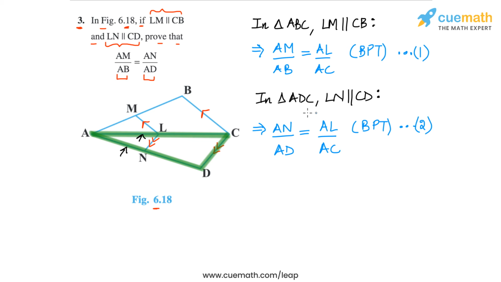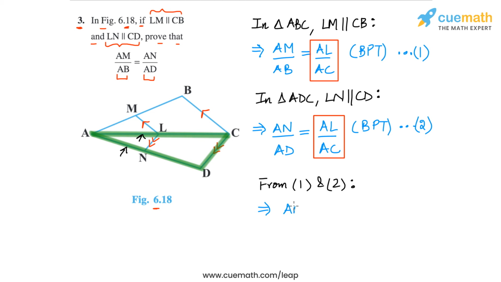So now if we compare these two equations that we have obtained, equation 1 and 2, we see that the RHS is the same in both, AL by AC and AL by AC, and therefore from 1 and 2 we can say that the two left hand sides will also be equal.